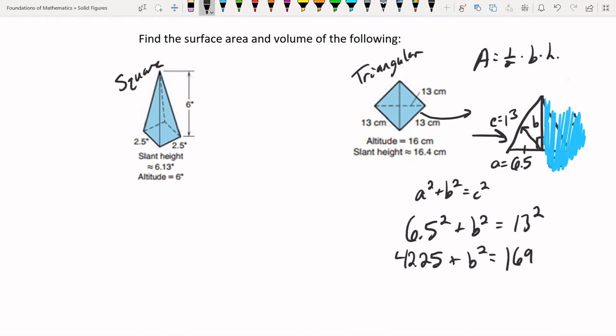Now to solve for b, we need to subtract 42.25 to the other side, giving us 126.75. And to get rid of this square unit, we have to take the square root.